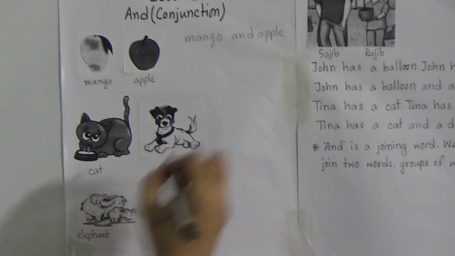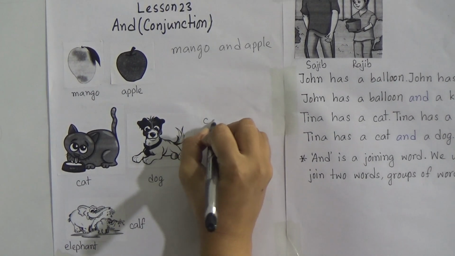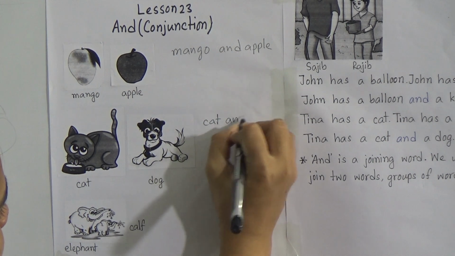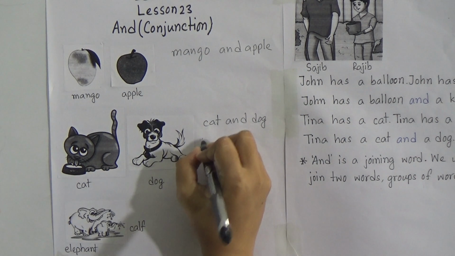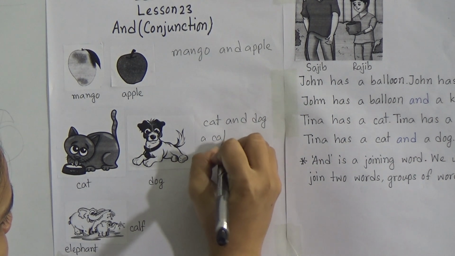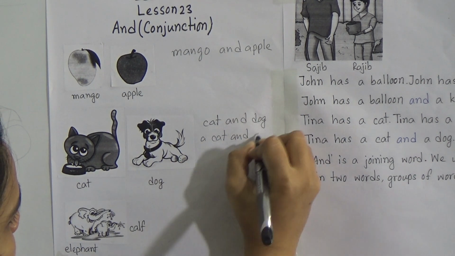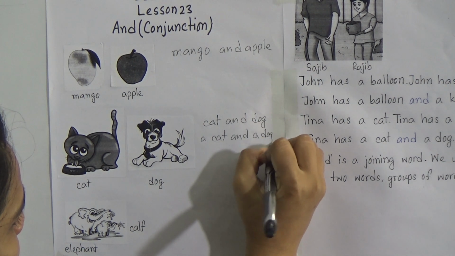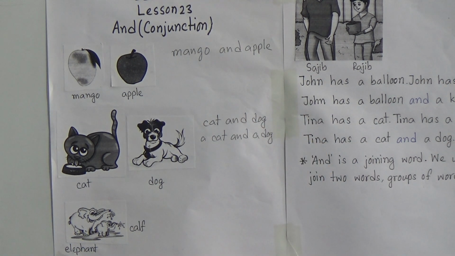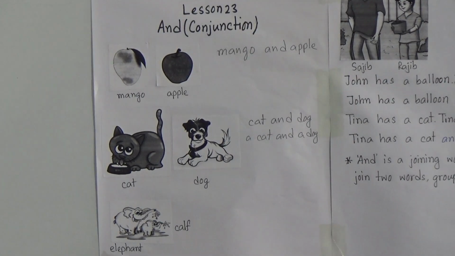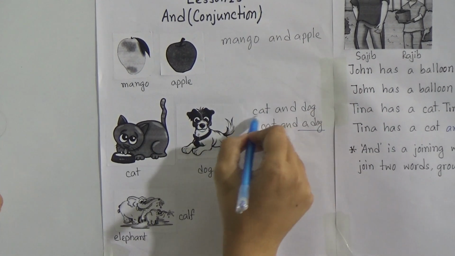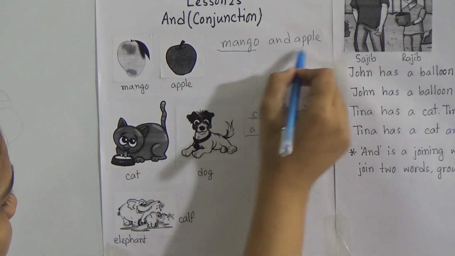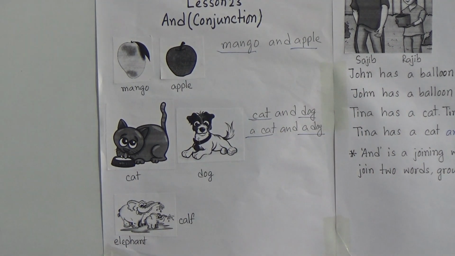So we can also write like this: cat and dog, or like this: a cat and a dog. So now look, here we join phrases, a cat and a dog, and here we join words, mango and apple, cat and dog.